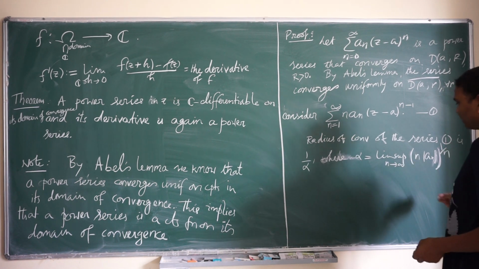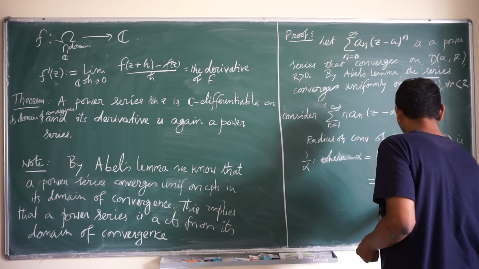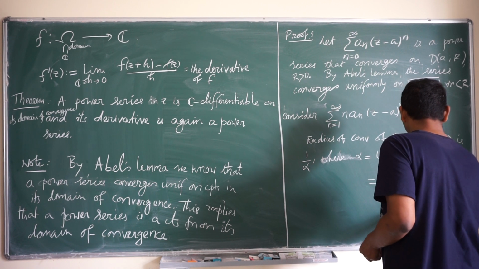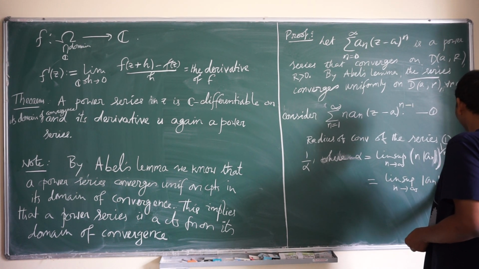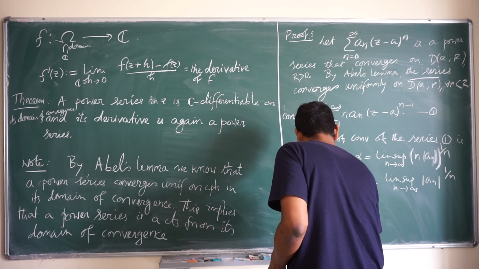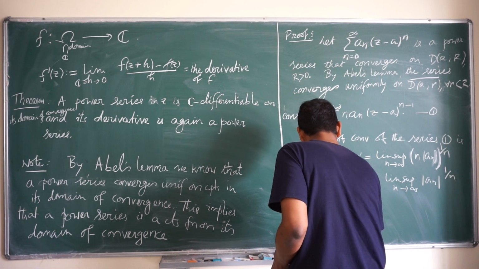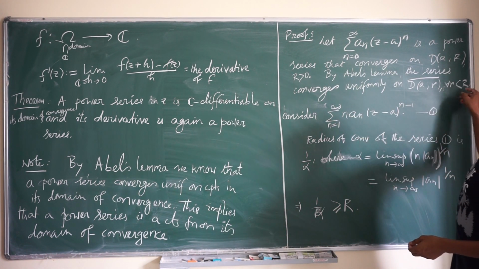And n to the power 1 over n goes to 1, so this is the limsup of mod a_n to the power 1 over n. So this implies 1 over alpha is greater than or equal to R.